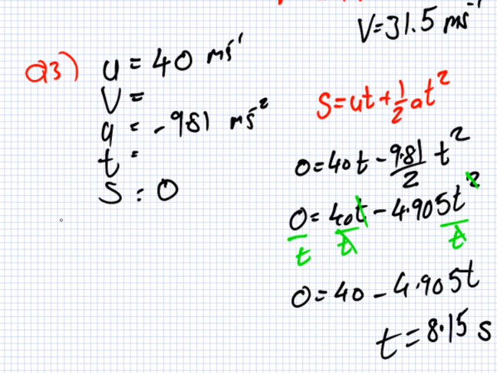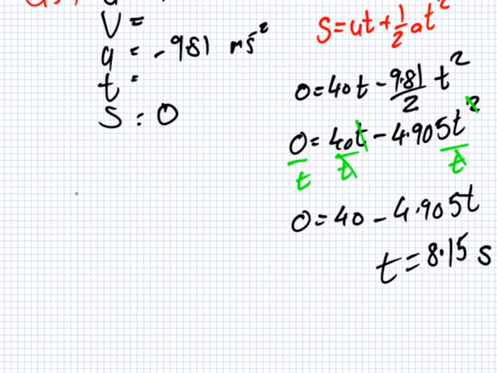Anyways, number 3. A ball is thrown vertically upwards at a velocity of 4 meters per second. How long until it hits the ground? A is minus 9.81 meters per second squared.